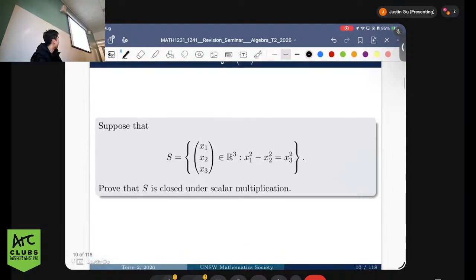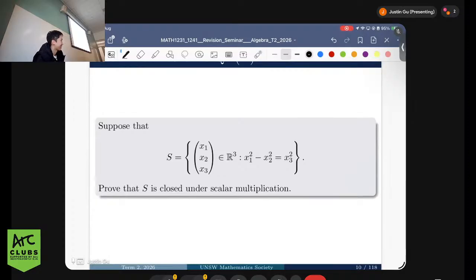I'll give you guys 1 minute to take a look at this question. So this is clearly just one of the features of proving a subspace. I have a question.